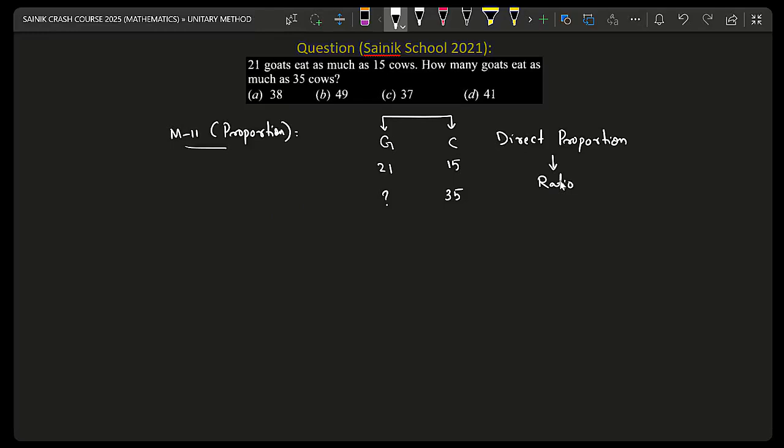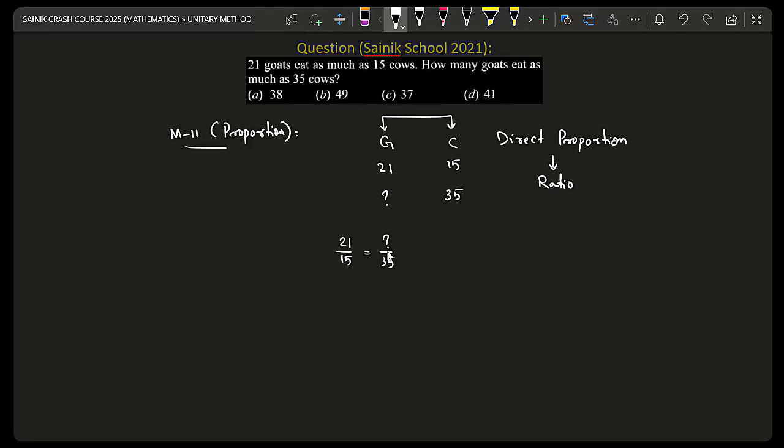Sir, 15 by 21 is equal to question mark by 30. Go in the same order. See in the top row, you're going by 21 by 15, right? In the second row also, you go in the same order, that you can write question mark divided by 35. Is it clear? Yes, sir. 21 by 15 is equal to question mark by 35.